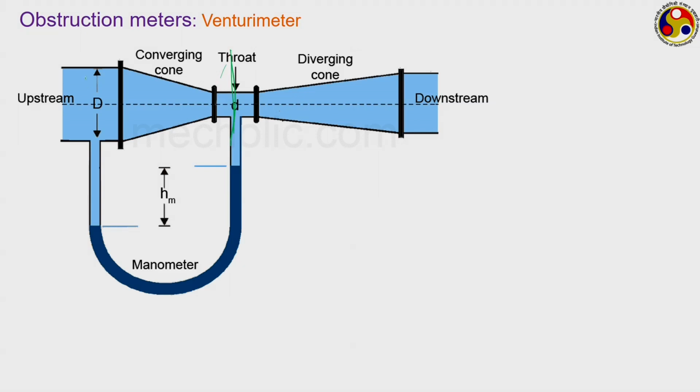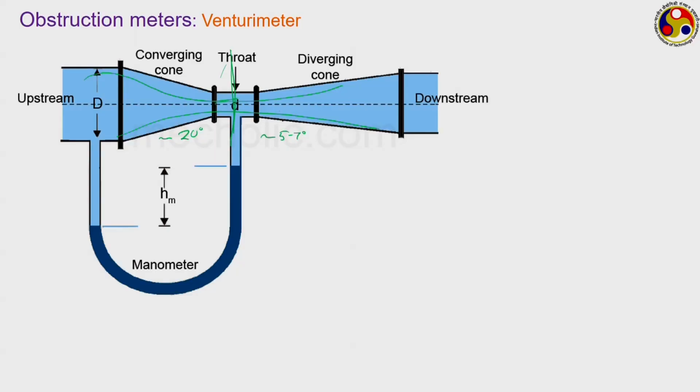The fluid is able to change the area quite smoothly on both sides. On the upstream side, generally the angle is a bit steep, in the range of 20 degrees, whereas on the downstream side it is much more moderate, about 5 to 7 degrees. So, without incurring too much loss, the fluid is able to recover the pressure quite smoothly.